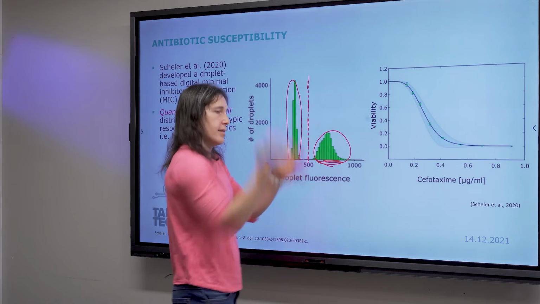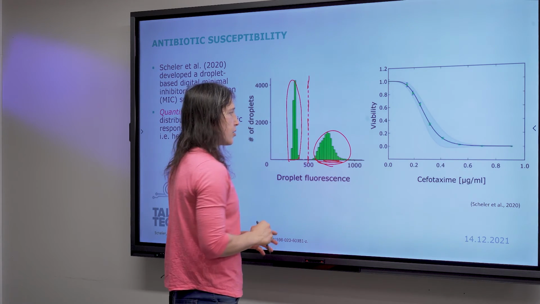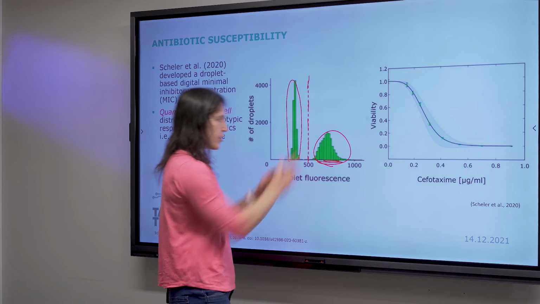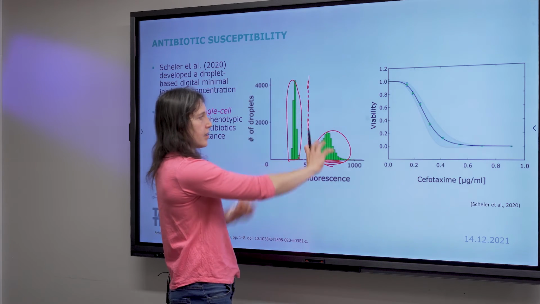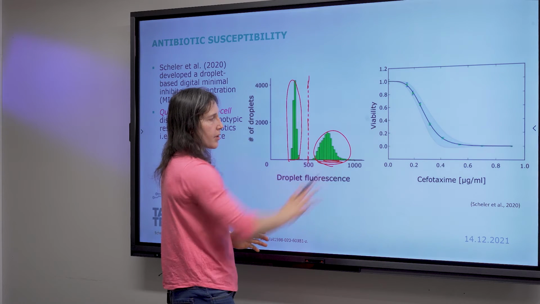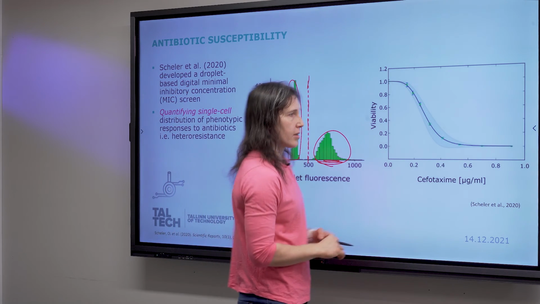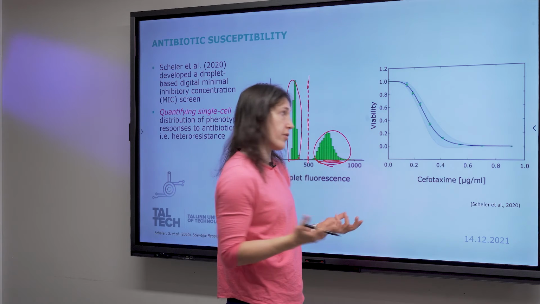So when you add an antibiotic concentration to this, you have a lower number of positive droplets because you have less growth.